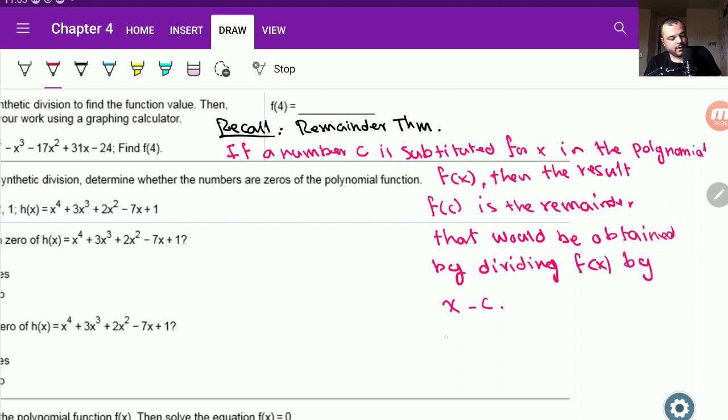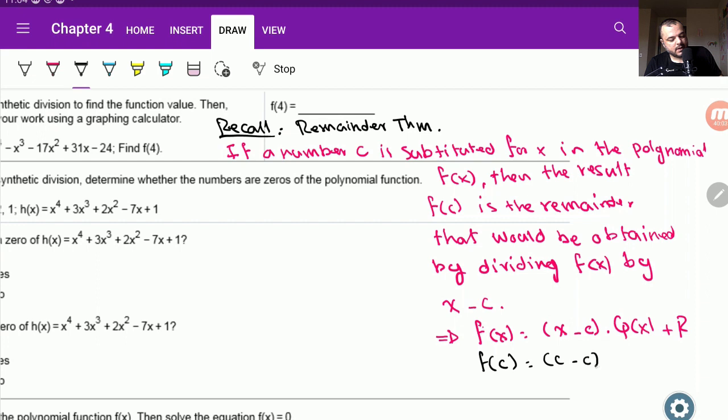Because when you divide, remember, you can write the function f of x as a product of the divisor times the quotient plus the remainder. And if you plug C in this function, what do you get?